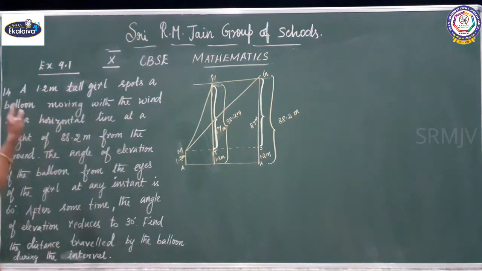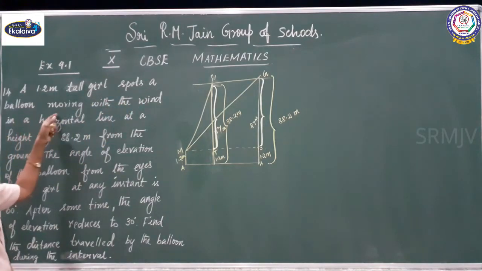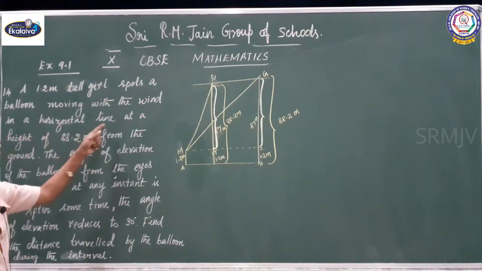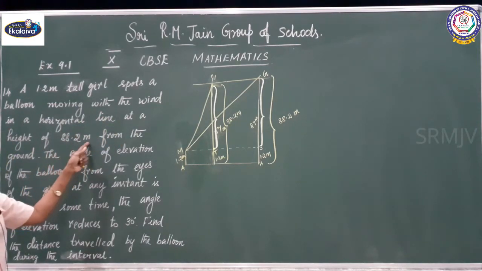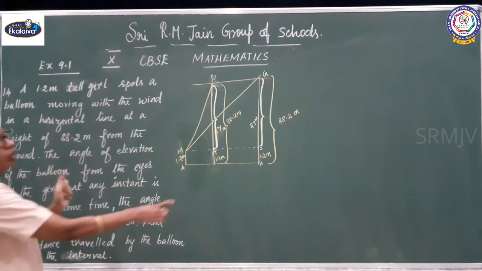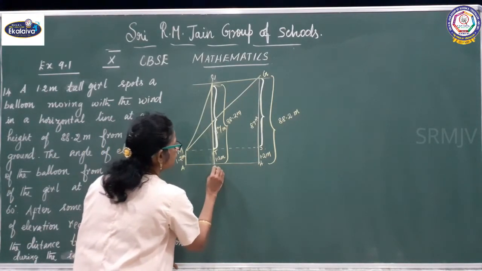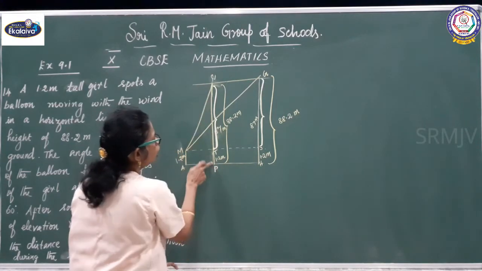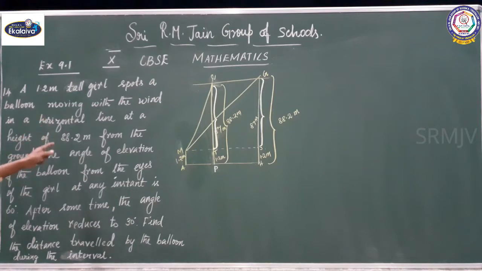Question number 14. A 1.2 meter tall girl spots a balloon moving with the wind in a horizontal line at a height of 88.2 meter from the ground, that is, right, from the ground level to the top 88.2 meter from the ground.